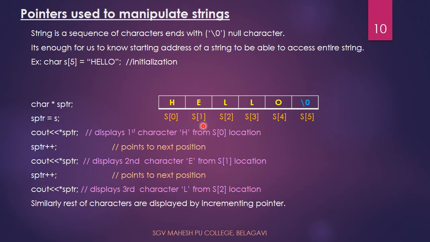Instead of pointing here, the pointer will now point to s of 2. If I display the content of sptr, it's going to display the L value. Similarly, all the contents of the entire string will be displayed.